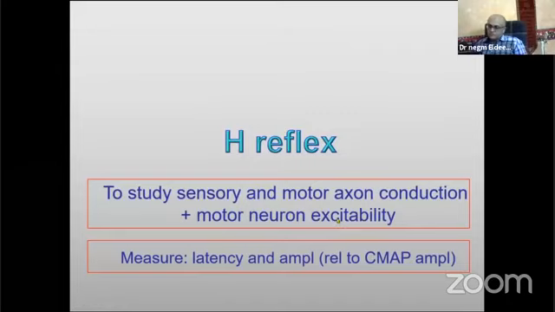In the F wave, we measure the motor axon, and the A wave is also signed from the motor axon. Here for the H reflex, we measure latency and amplitude in relation to the CMAP amplitude.